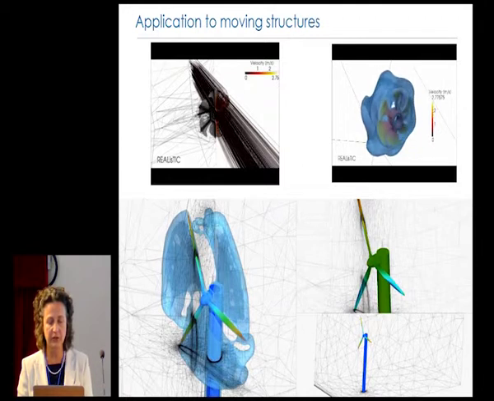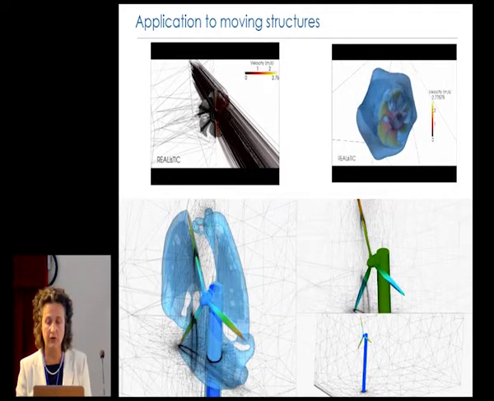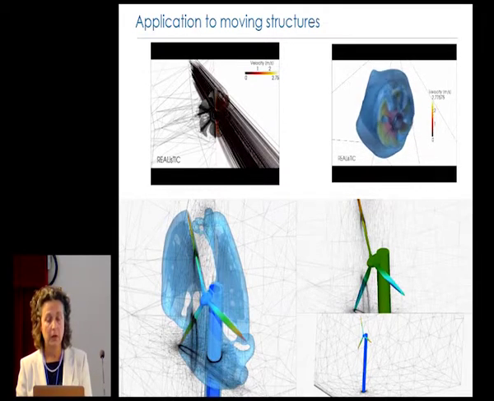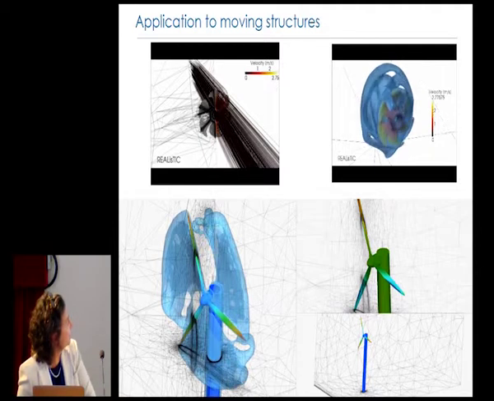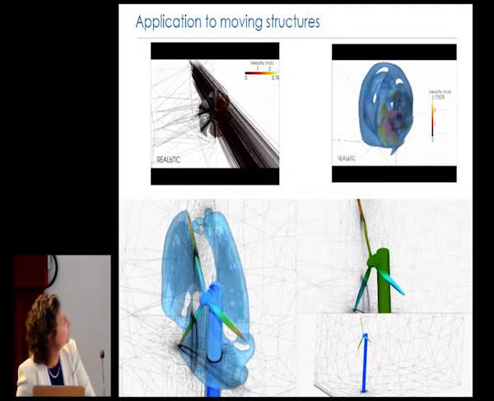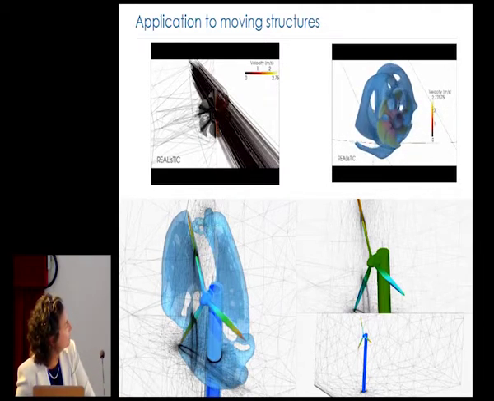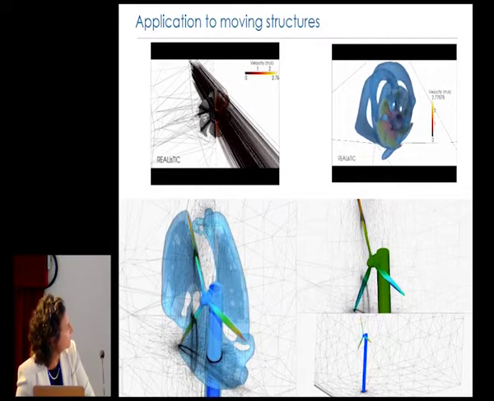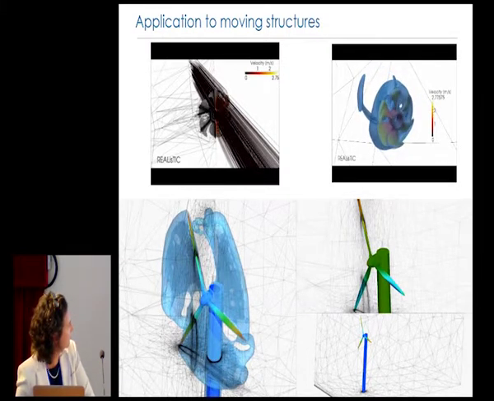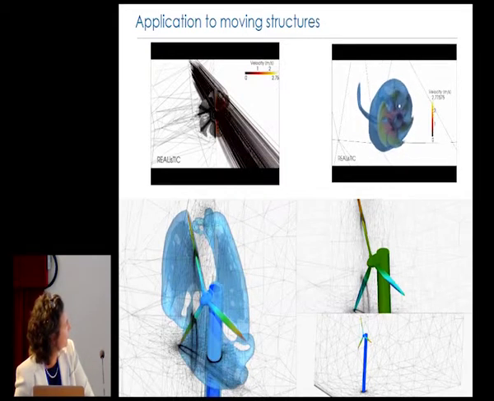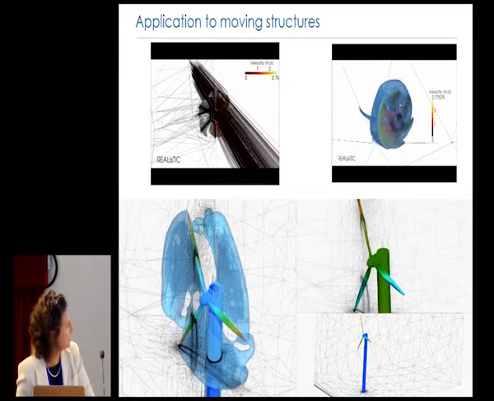So here is just an example of natural convection of a disk. It's a very simple test, natural convection, but in fact it's not so easy to compute. So here is the evolution of temperature in 2D, and here it is in 3D with the corresponding meshes.